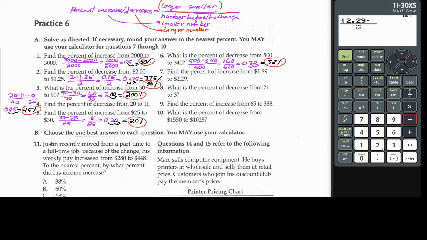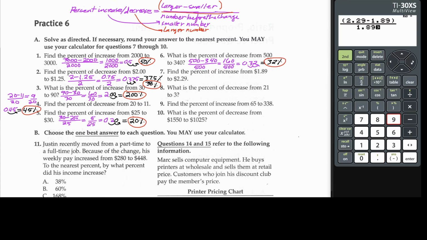Take away $1.89, close parenthesis. Now for the bottom number, okay, since it's a percent of increase, that means the bottom number is the smaller one, $1.89.